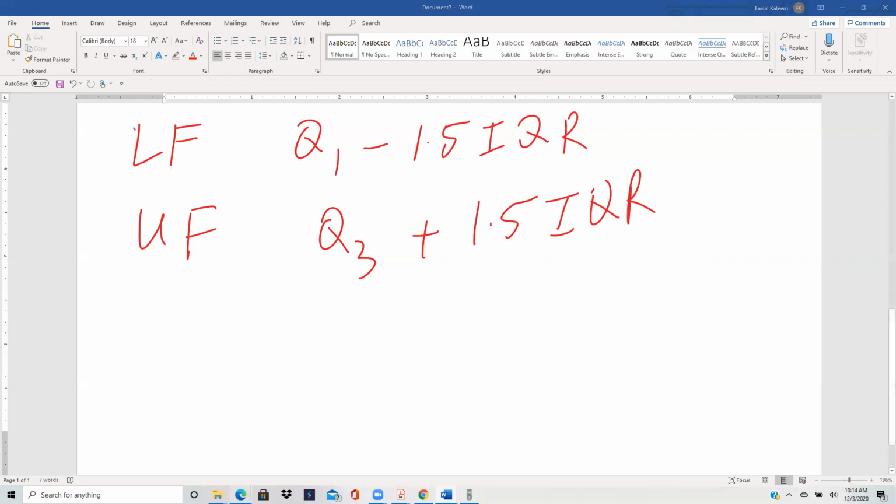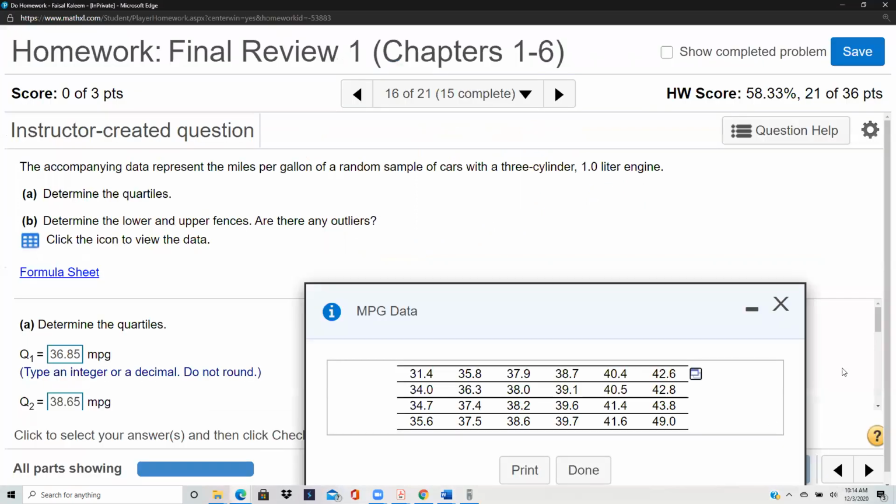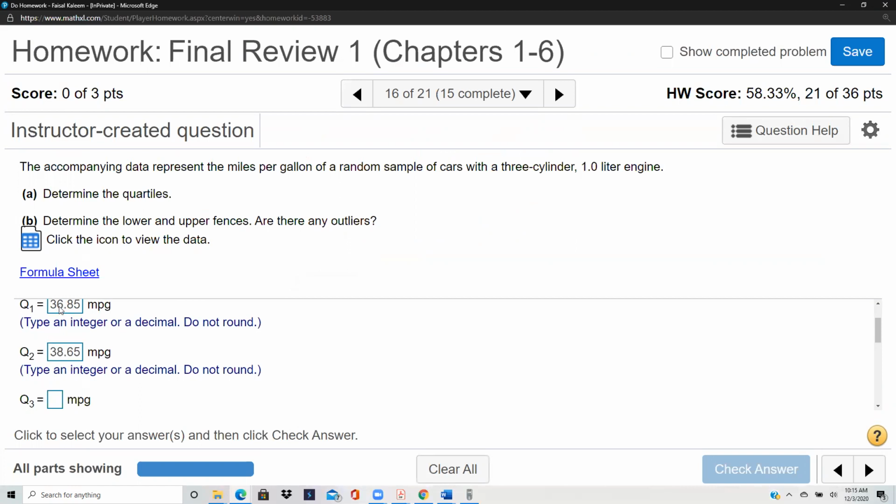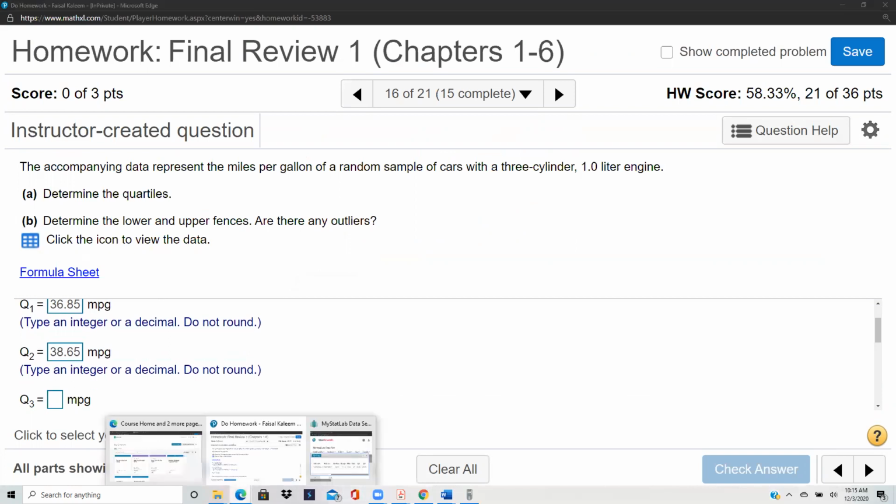So let's see, Q1 is 36.85. And how do we get the IQR? Isn't it Q3 minus Q1? Mm-hmm. IQR is Q3 minus Q1.